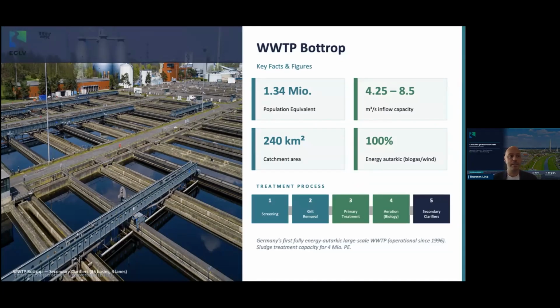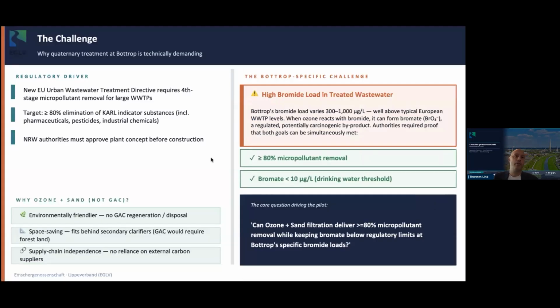So in the dry weather season, our regular wastewater makes up a substantial part of the water that is discharged into the Emscher River, which is why we need to take much more care of the quality of the discharged water. And we now have a new regulation in the European Union saying that large-scale plants have to implement the quaternary treatment step by the year 2033.